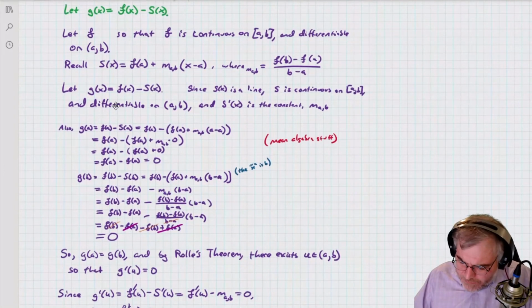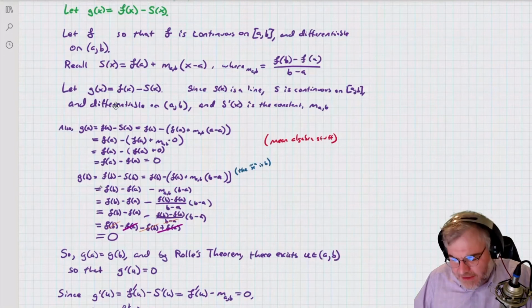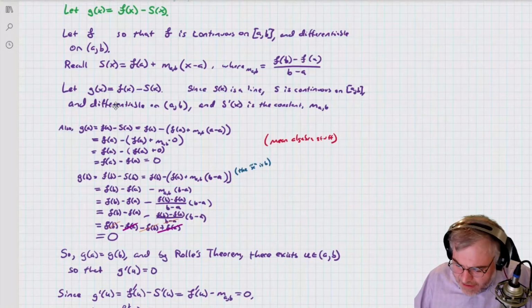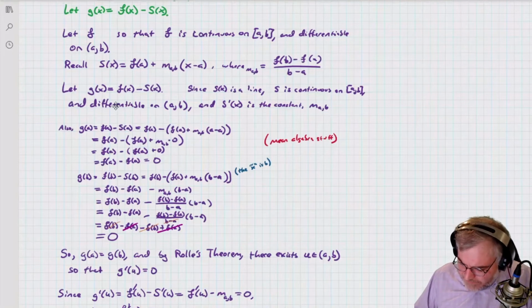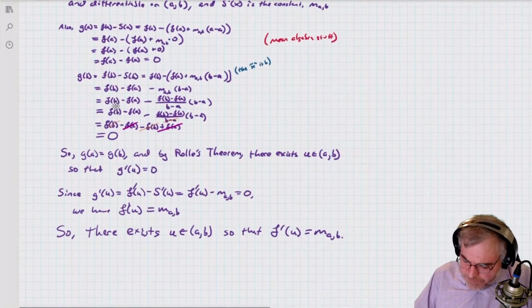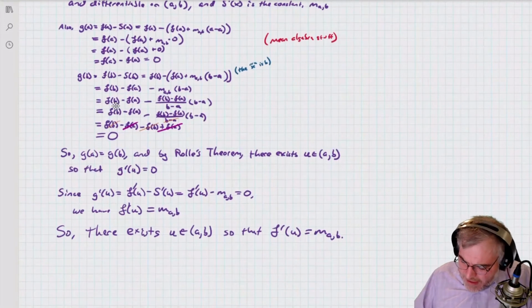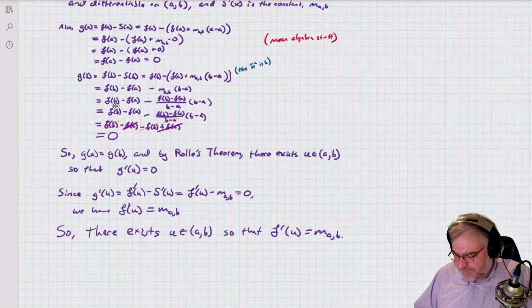So I wind up with g of a equals 0, and if I'm careful with my algebra, because remember x is b, these all cancel, so I wind up with 0 in both places. That means there's a place where g prime of u equals 0, and g prime of u equals f prime of u minus s prime of u. That's 0. So I just moved the m_ab over to the other side.